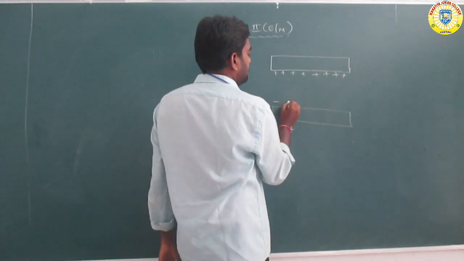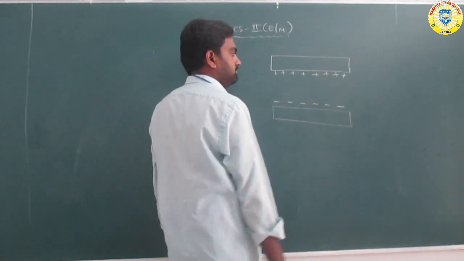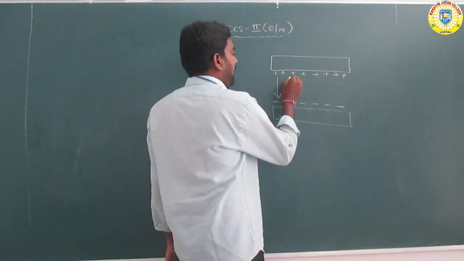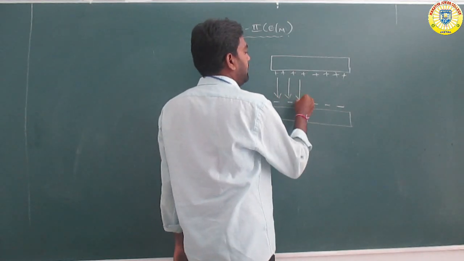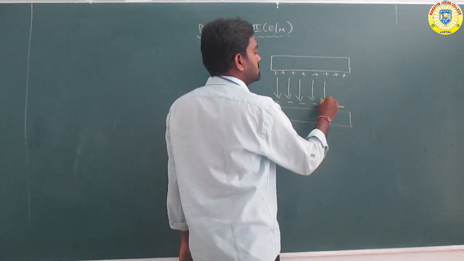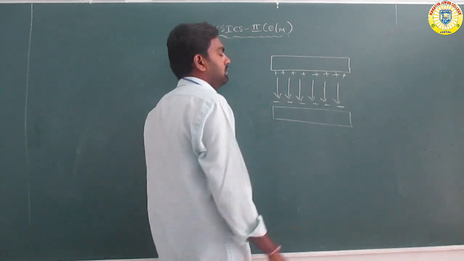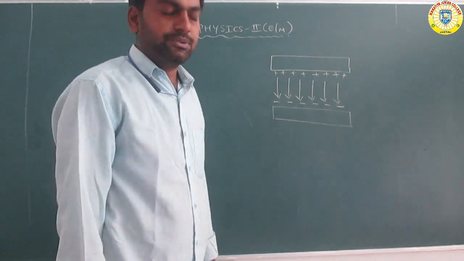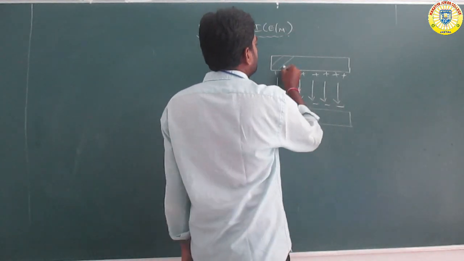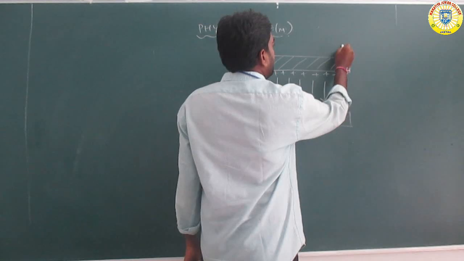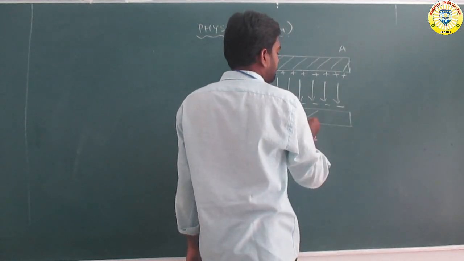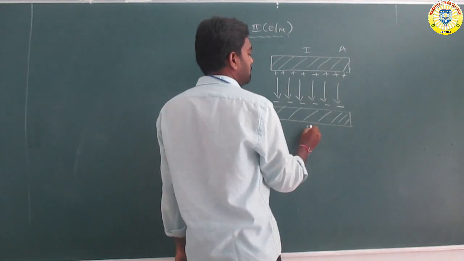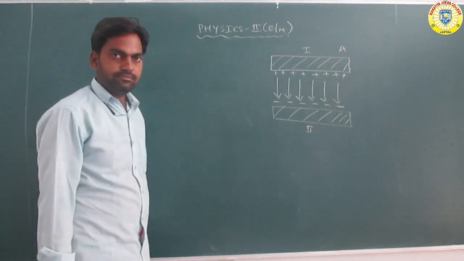And the other is totally negative. Now the arrow marks are indicated: the electric field direction is from positive to negative. The electric field lines pass from the positive to the negative plate. The area of the plates is taken as A, and here also. This is the first plate and this is the second plate.